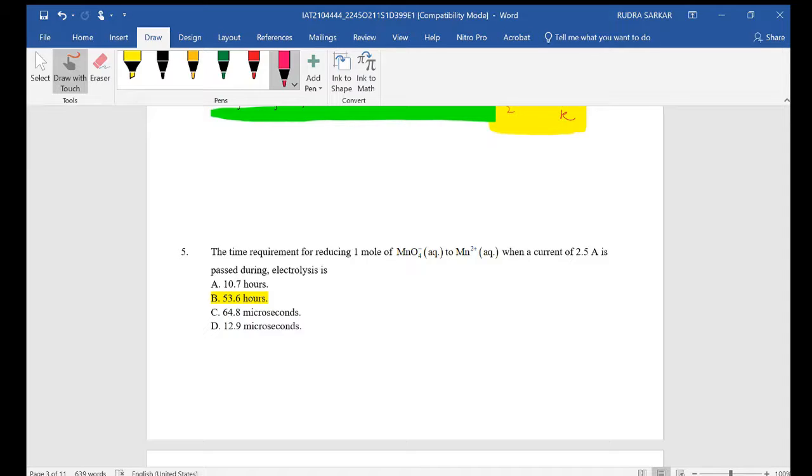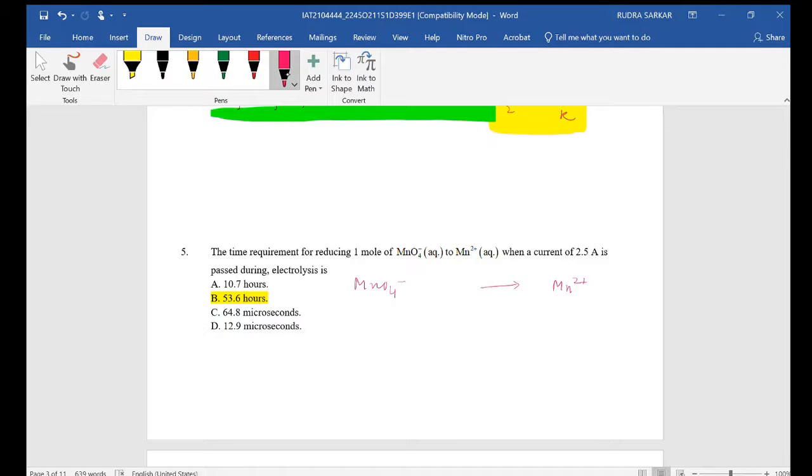So for this, what we need to do is first, using the ion electron method, balance the equation of MnO4 minus going to Mn2 plus.